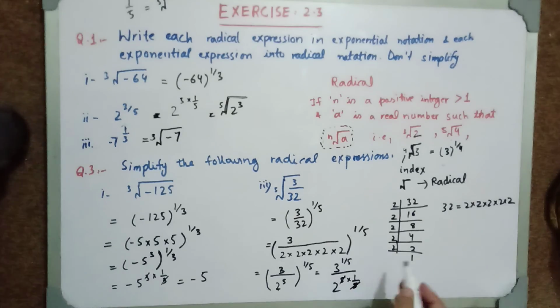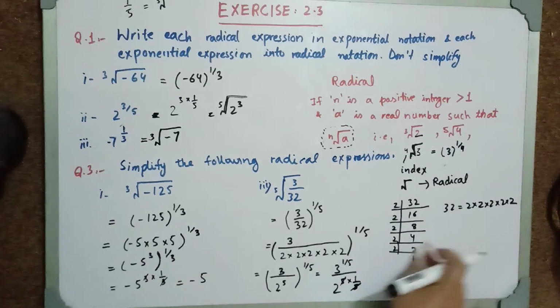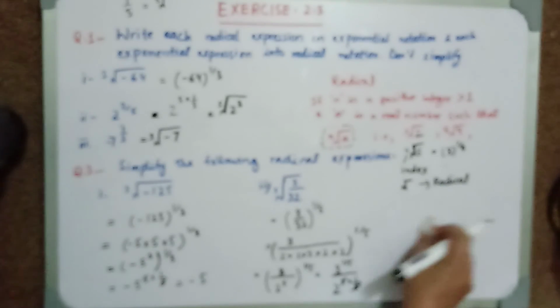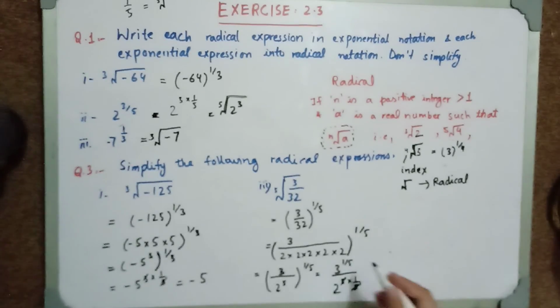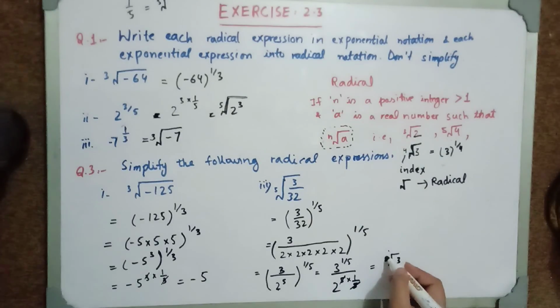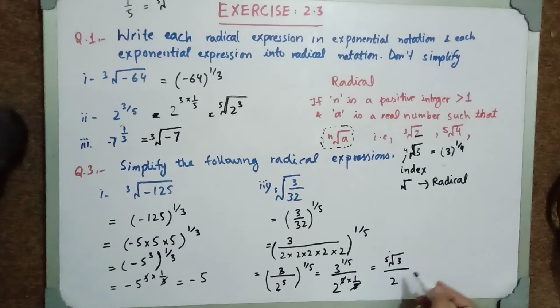This 5 will cancel, and now 3 raised to the power 1 by 5, if I write it in radical form, it will become the fifth root of 3, and the index will be 5, over 2, which has no power now, its power is 1.